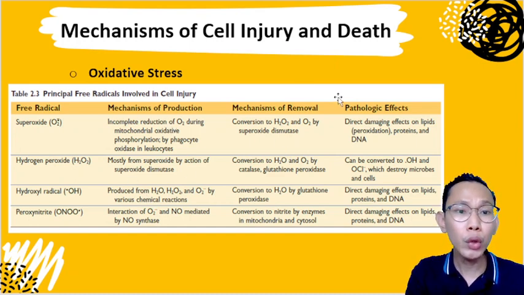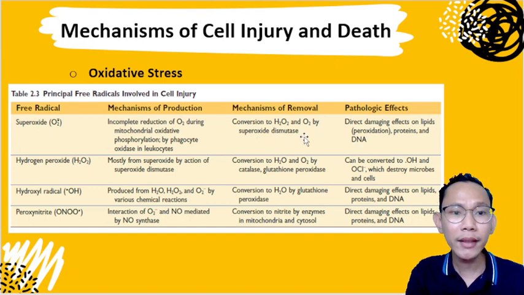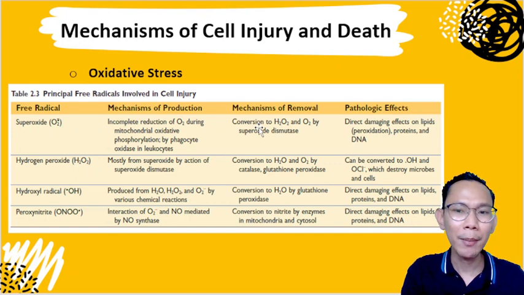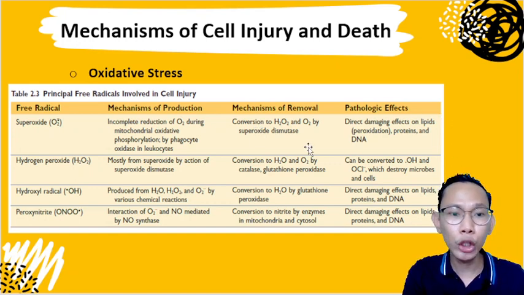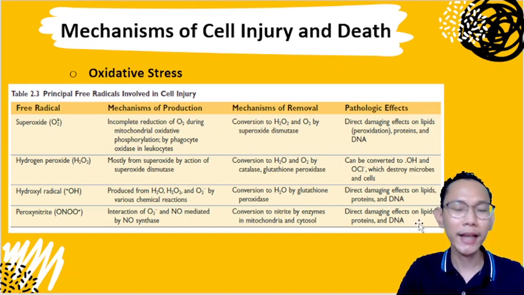I just want you to know how your free radicals are being removed. So, just remember for example, your superoxide can be converted to hydrogen peroxide and oxygen by superoxide dismutase. So just remember what enzymes, your mga enzymatic system, and as well as the different pathologic effects ng ating free radicals.